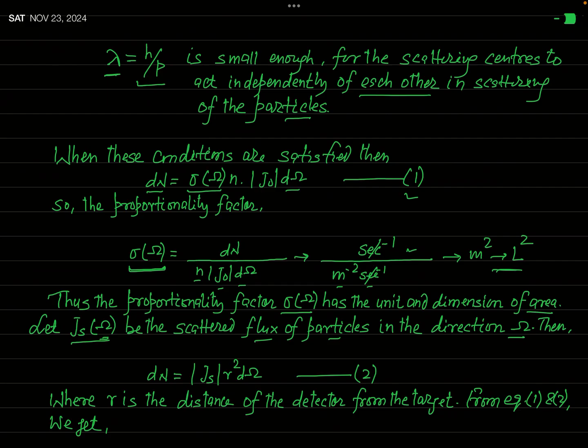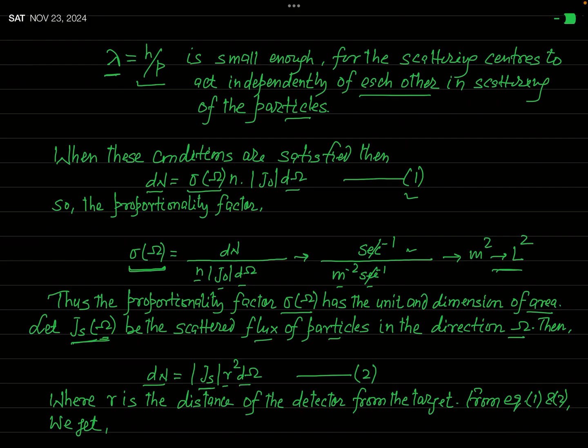Now, since this is the number of particles passing through unit area in unit time in direction omega, dn can be expressed in terms of this. dn can be given as modulus of Js times r squared times d omega.